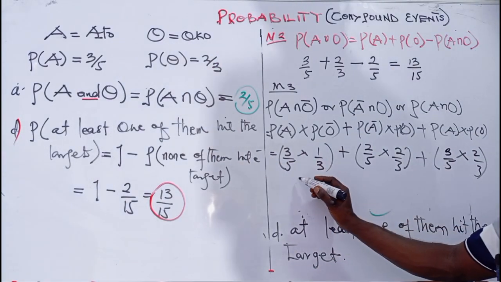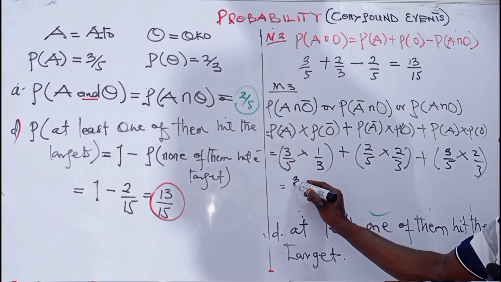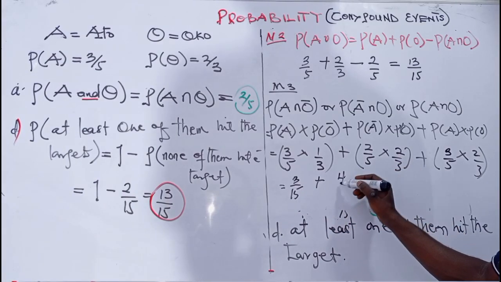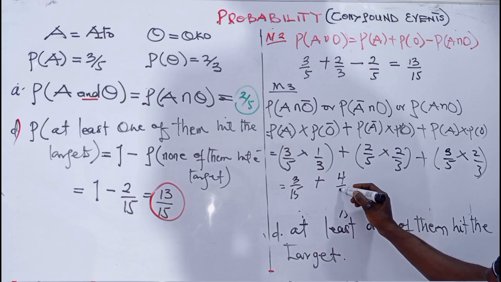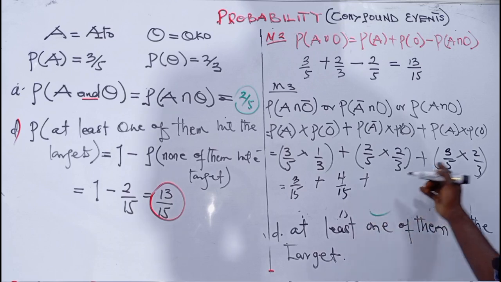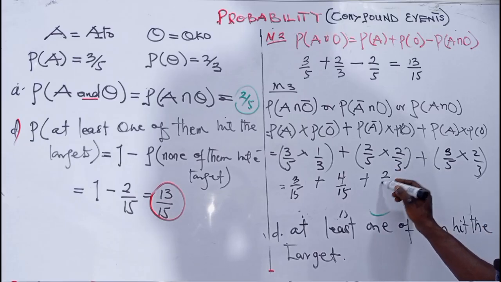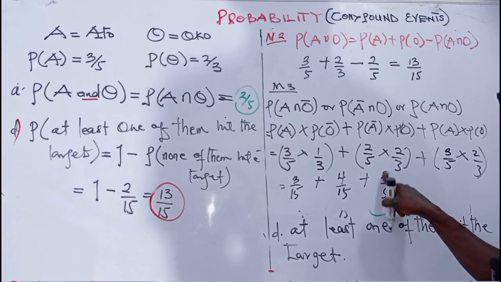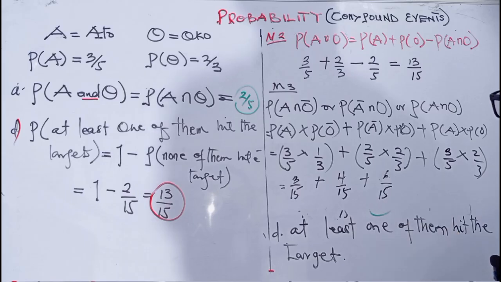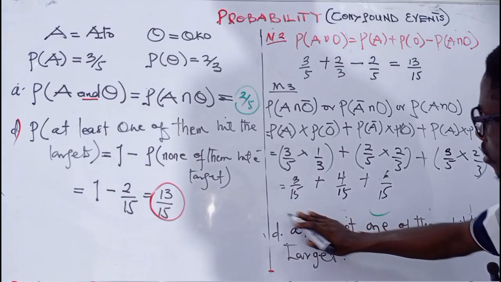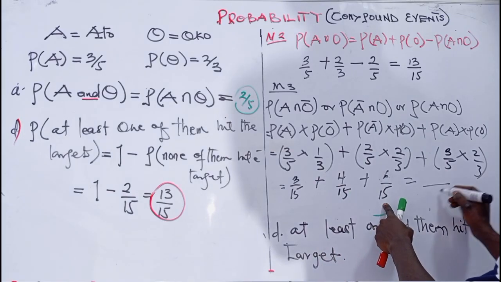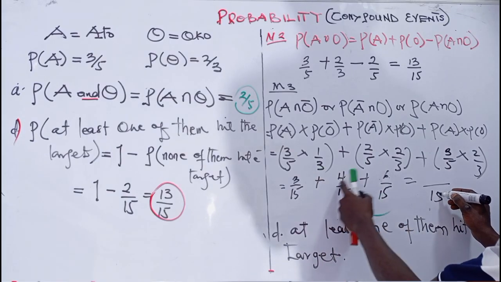So when you multiply this, we are going to get 3 all over 15, plus this will give you 4 all over 15, and this is going to give you 2 all over, okay, let's make it 6 all over 15. When you add all of this, since the denominators are the same, we can pick one of the denominators and add the numerators.